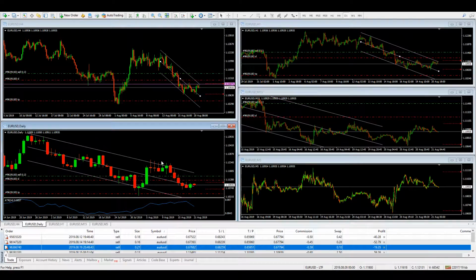Initially, I had my stop just above these highs, because I was deeming this as a lower high, and should the price come round and start to test those levels, then I'm wrong, because if it moves past that, it's going to start creating higher highs and higher lows potentially, and I want to be out of them. So this is just the way that I'm protecting my money. I'm not moving my stop to increase the risk. I'm moving it to protect profits in this instance.